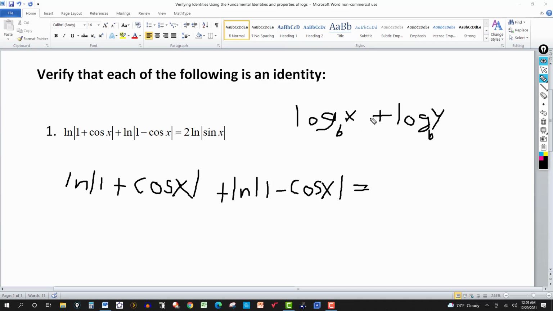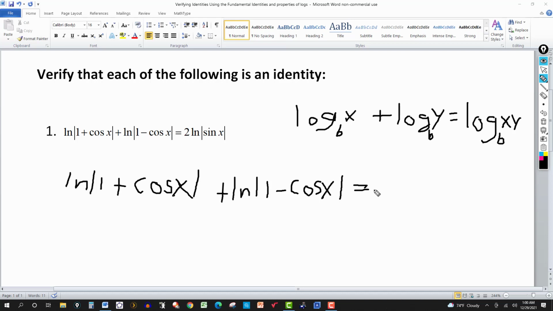I could put absolute values to guarantee that, but I'll just leave it like that. And this is the same thing as the log of the product xy to base b. So again, anytime you have the sum of two logs, that's the same thing as the log of the product of those same numbers, in this case x and y.